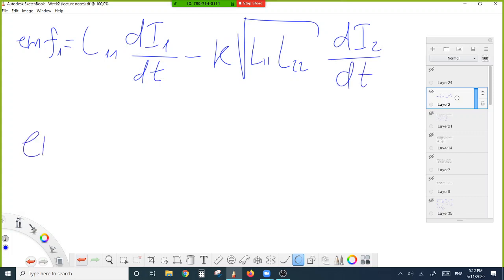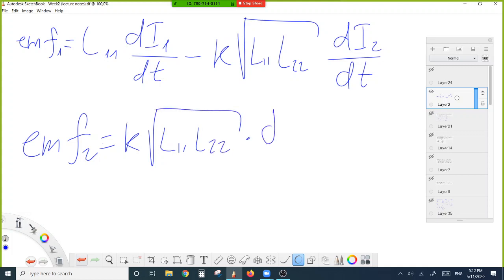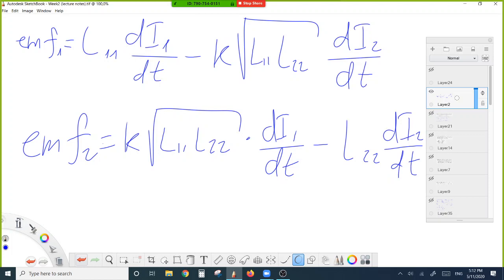And electromotive force 2 was equal to K square root of L11 L22 multiplied by di1 over dt minus L22 di2 over dt.